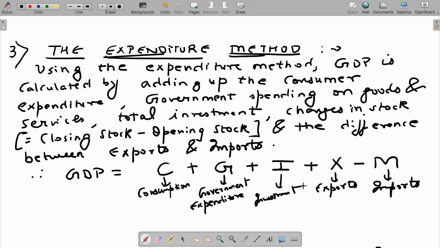Again, we should not include transfer payments because no good or service has been produced.